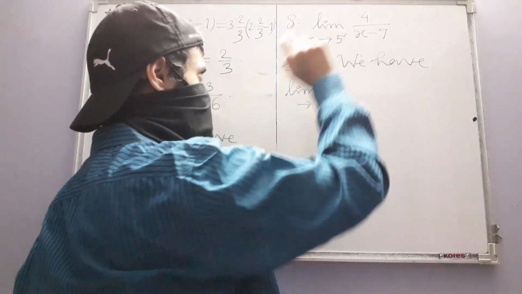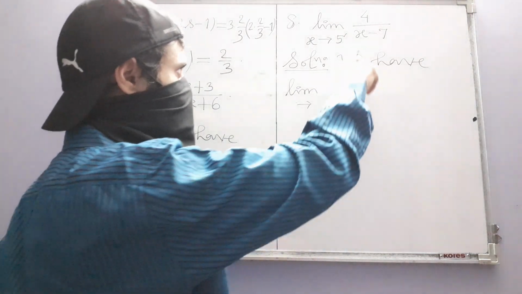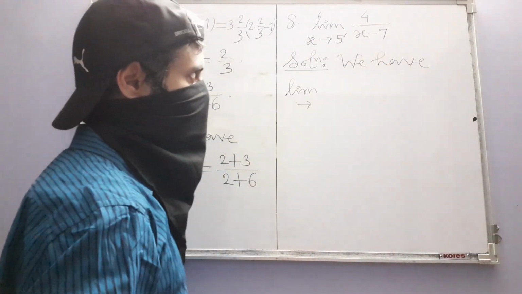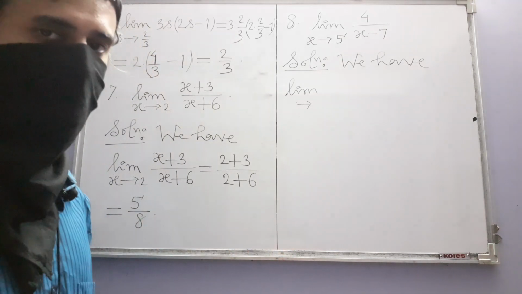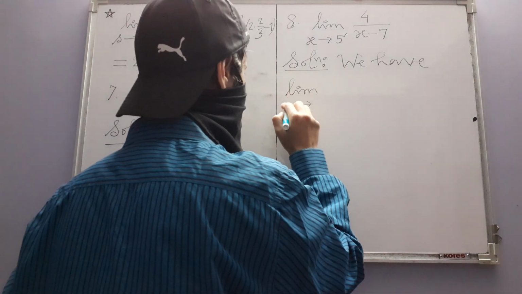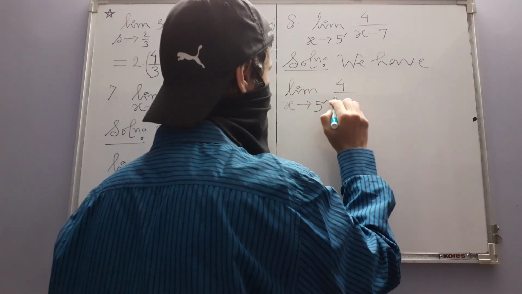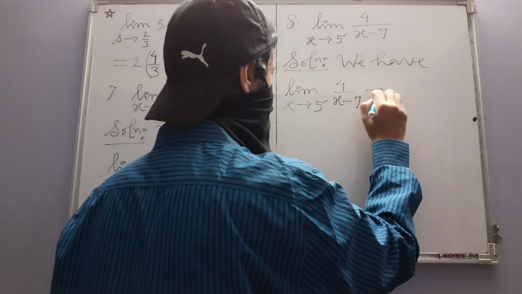But the numerator is also a polynomial, a constant polynomial. And if you substitute 5 for x, the denominator does not become 0. So that's why we can do our usual stuff and calculate this limit like this.